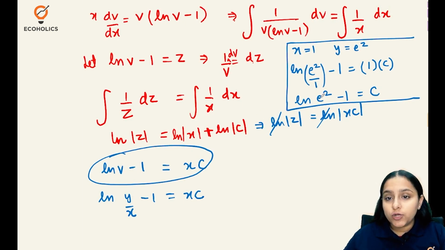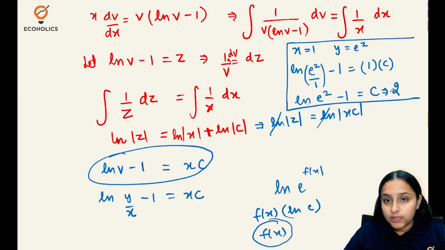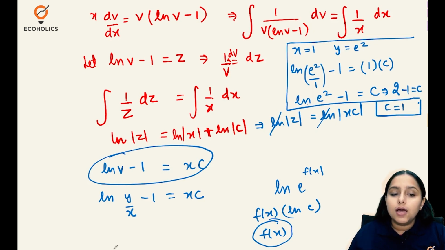Natural log and exponential are inverses of each other. So the 2 will come in front, times log e. If you write log e raised to the power function of x, the function of x comes in front and log e is equivalent to 1. So I just get my power. Following the same pattern, I would get 2 − 1 = c, and hence c is equal to 1 is the answer here.